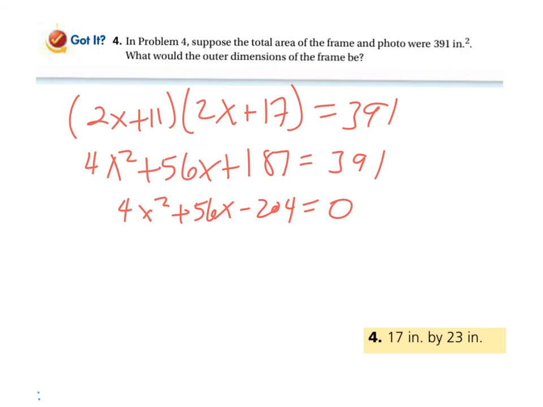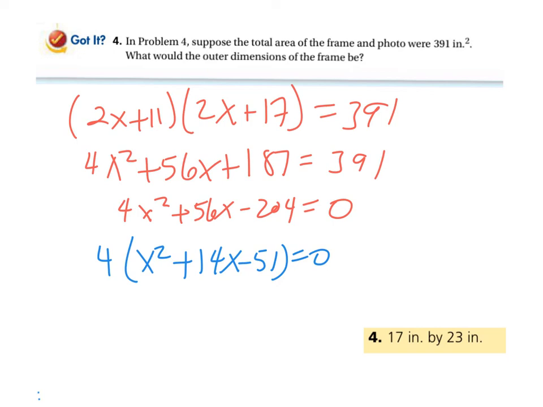Now we're going back and we're going to factor this thing. It's kind of backwards and forwards in this. Get that 4 out of the way first. So 4 times x squared plus 14x minus 51 this time. All that equals 0. And forget about the 4 at this point because 4 is not going to equal 0.